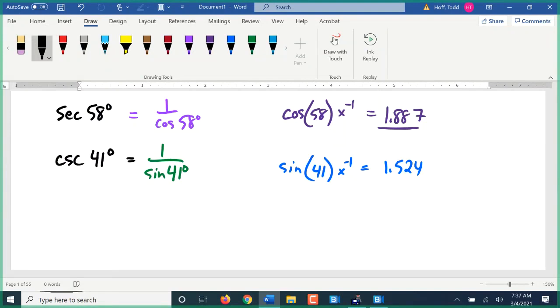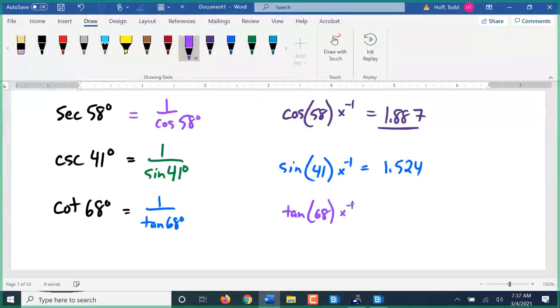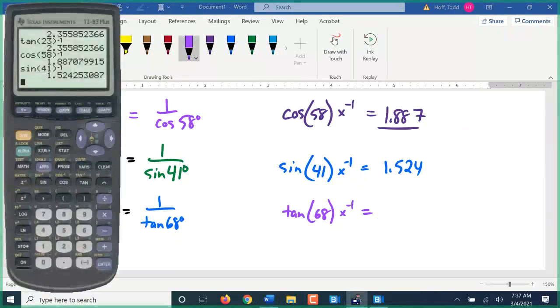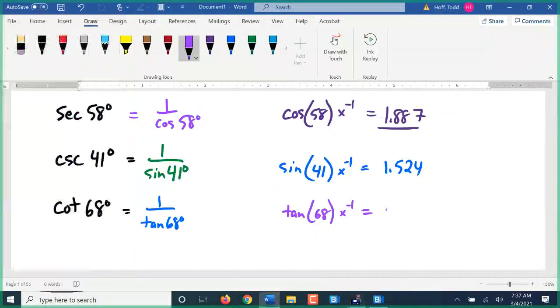The easy one to remember is the cotangent. If I want to do the cotangent of 68 degrees, that is 1 over the tangent of 68 degrees. So we do tangent 68, close the parentheses, and do that reciprocal key again. Here's 0.4040.